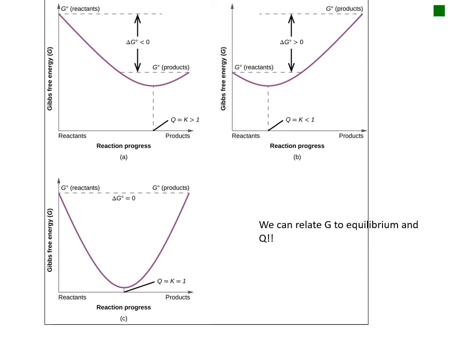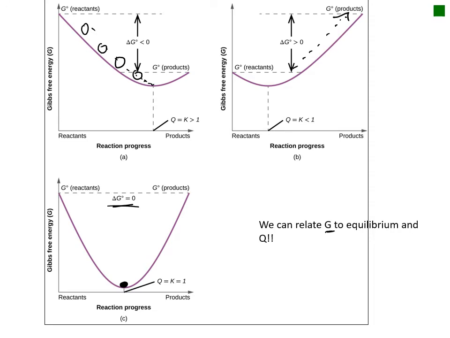So what does this mean? Well, let's just imagine that we have, in a sense, a ball rolling downhill. If it's rolling downhill, it will be spontaneous. If it's going uphill, it is going to become not spontaneous. If it's sitting at the lowest point, then we are having no change whatsoever, and we can relate our delta G to where we are in terms of our reactants and our products.